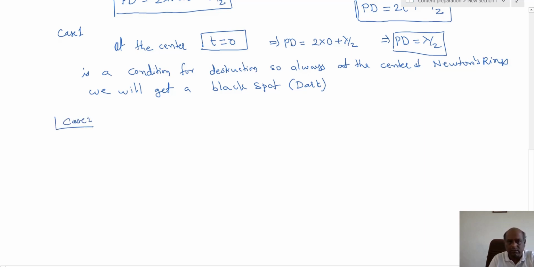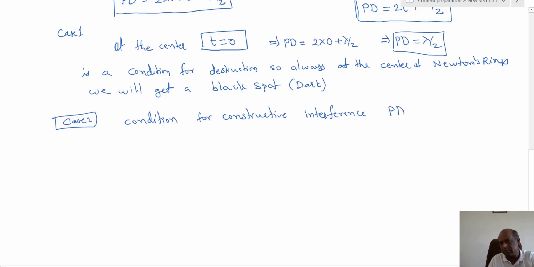What is case 2? The condition for constructive interference. What is that condition? The general condition is path difference equal to n lambda. What is our path difference? 2t plus lambda by 2.